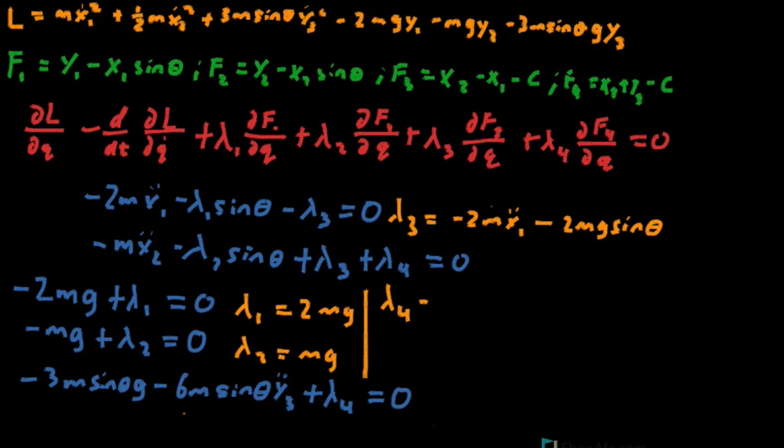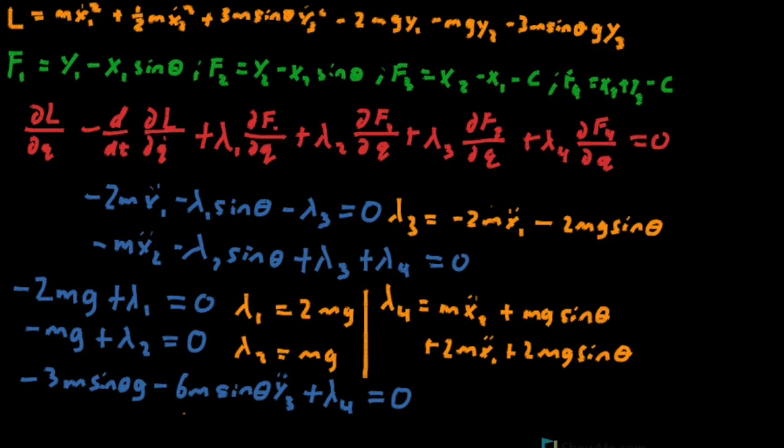Lambda 4 equals m x2 double dot plus lambda 2 sine theta, which is mg sine theta, minus lambda 3, which is going to be plus 2m x1 double dot plus 2mg sine theta.